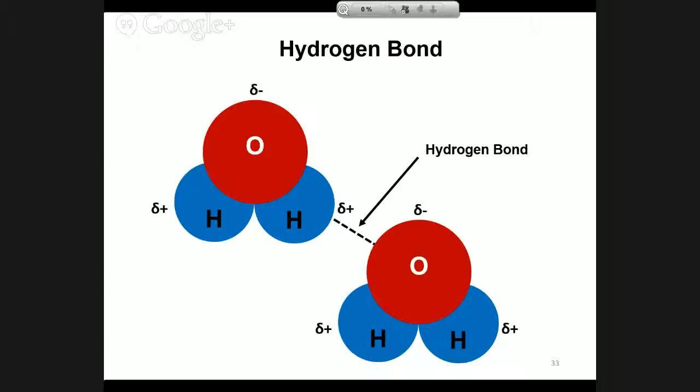representing the attraction between the partial positive and partial negative charge. The thing is that with water, the molecules are always in motion. Now, the amount of movement within a water solution, or really in any substance, is directly related to its temperature. So the hotter something is, the more it's going to move.